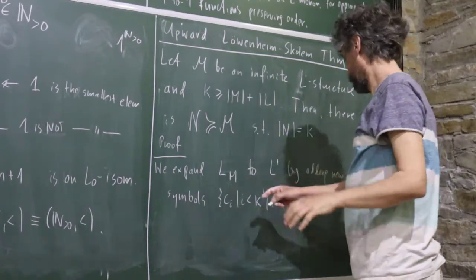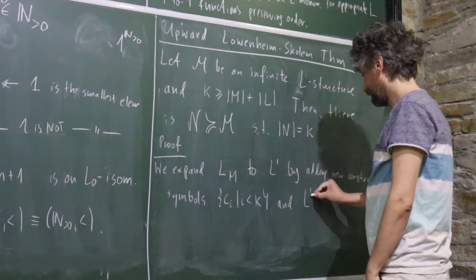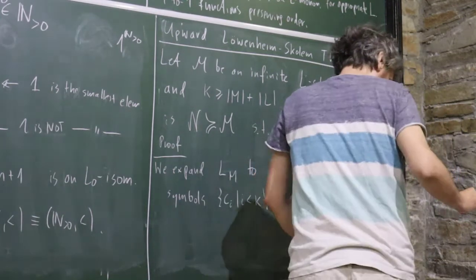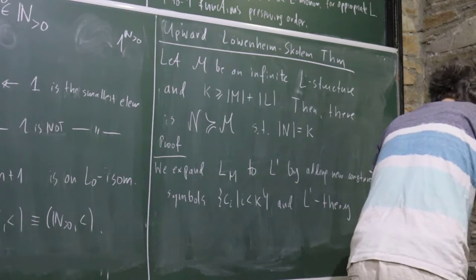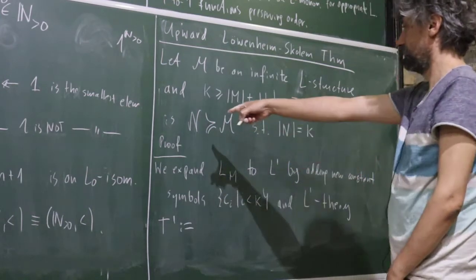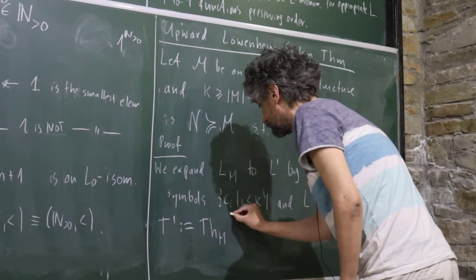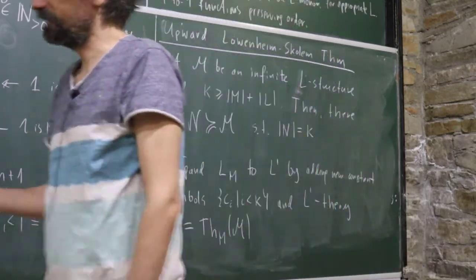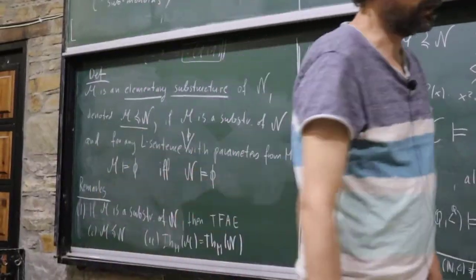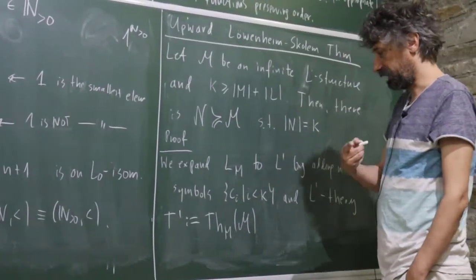Okay, so this is L prime, and define the L prime theory T prime, and to this theory we will apply the compactness theorem, and its model will be this N. So this is the full theory of M, even with constants from the universe of M, and saying all the constants are pairwise different.